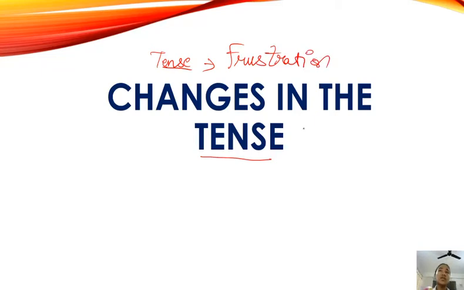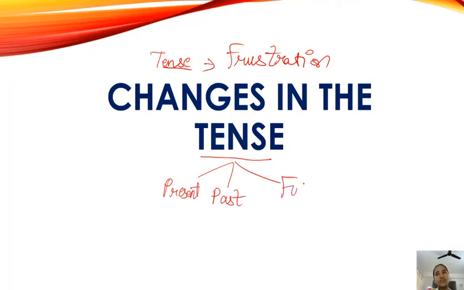But when we talk about tense related to grammar, tense means related to time: when that particular incident took place. It took place just now, or it had taken place sometime in the past, or it will be taking place in the future. So that's your tense. I hope you all know the basic three types of tenses: present, past, and future.